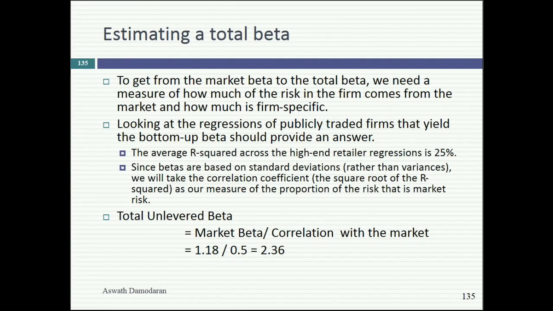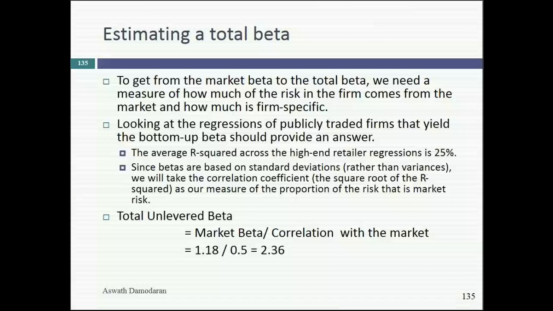The beta 1.18 that I got was actually the beta for publicly traded investors looking at this company. When I looked at the R squareds across restaurants, the R squared that I got was about 25%. I'm sorry, gross retailers, I got 25%. You take the square root of the R squared, you get the correlation coefficient. Basically, the correlation coefficient here is about 50%.